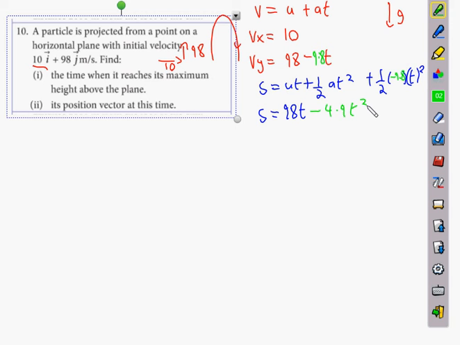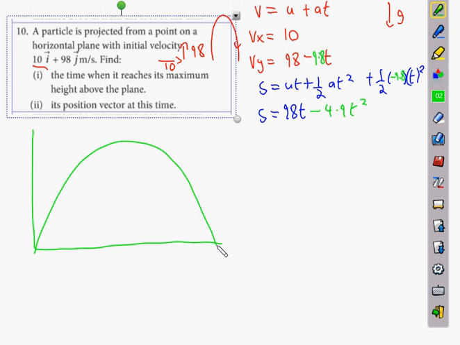Now, the time it reaches its maximum height above the plane. Can anyone in class give me two ways of doing this? Two ways of finding the time it takes to reach its maximum height above the plane. Vy equals 0, find T. That's one way.